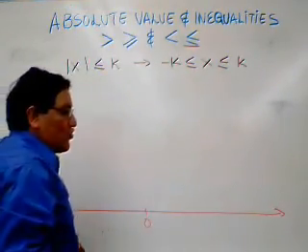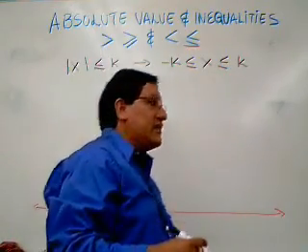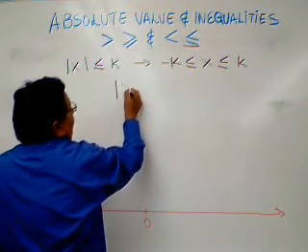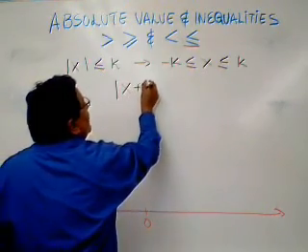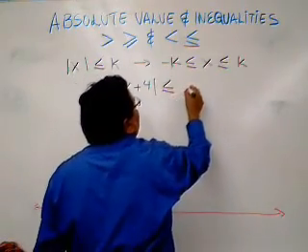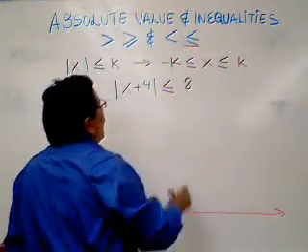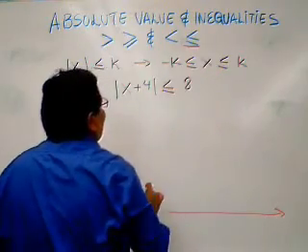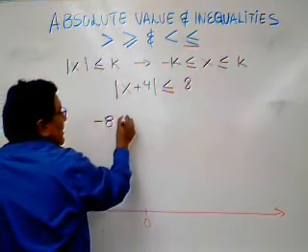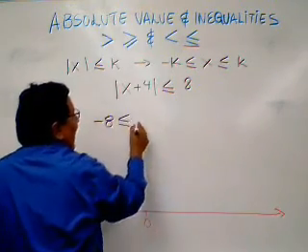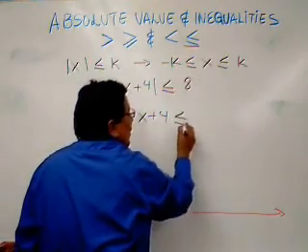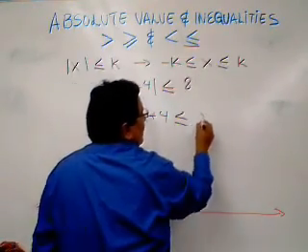So let's try to solve an inequality. I will have the absolute value of x plus 4 less than or equal to 8. Following this rule, it means that negative 8 will be less than or equal to x plus 4, and less than or equal to 8.